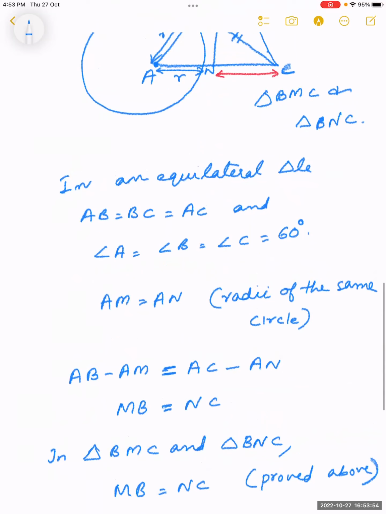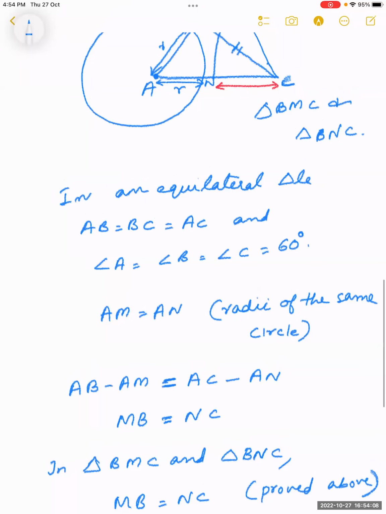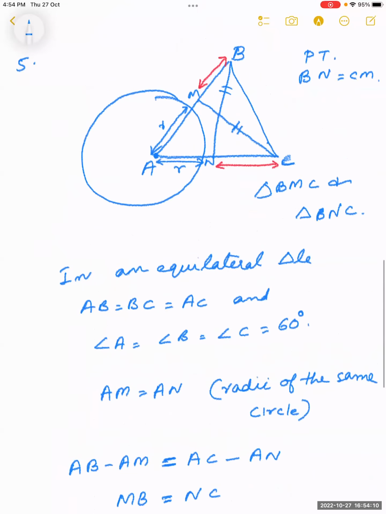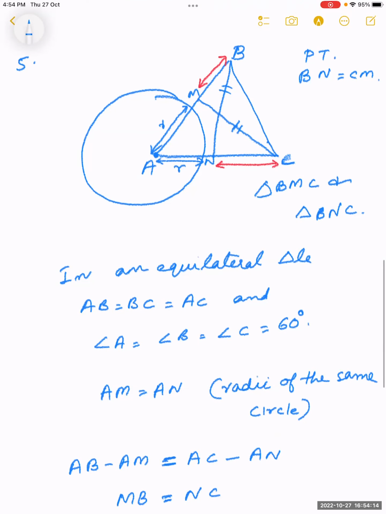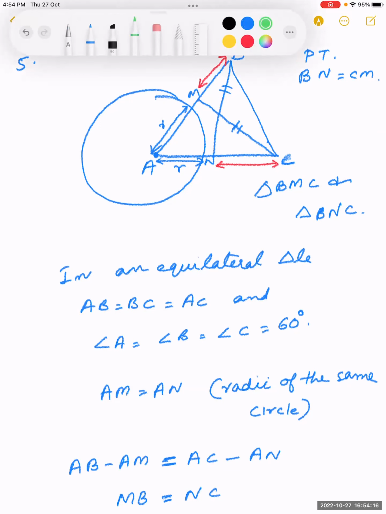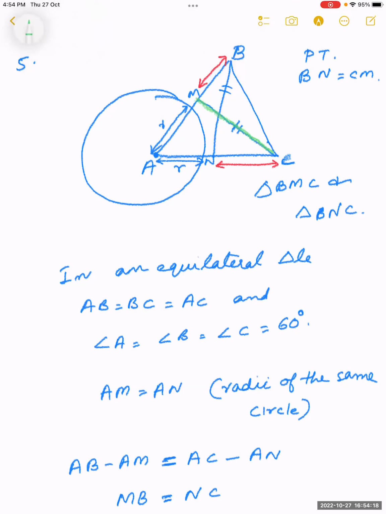So here what you're doing is, have you completed writing? Are you writing it down? The triangles BMC and BNC are overlapping each other. But still, one minute. Can I consider this as one triangle?